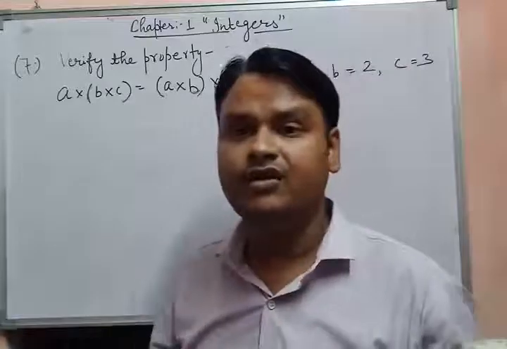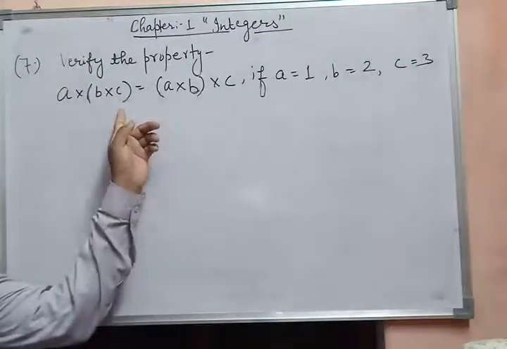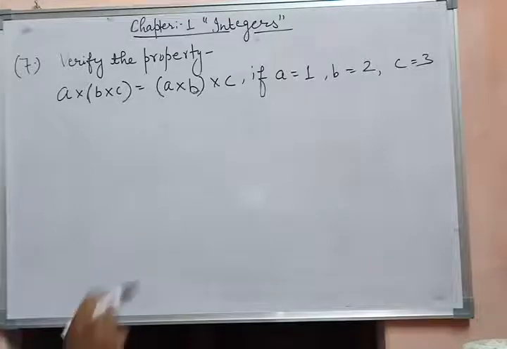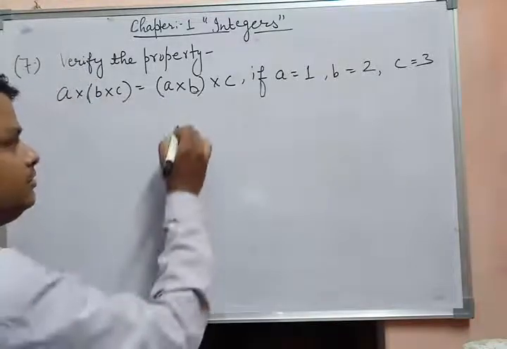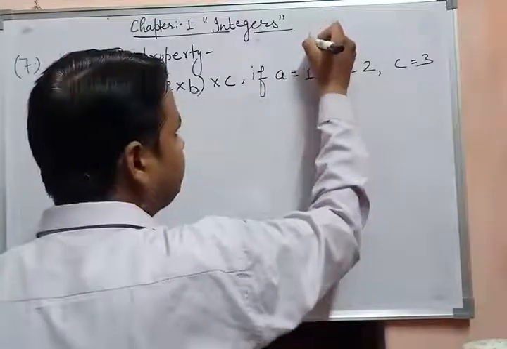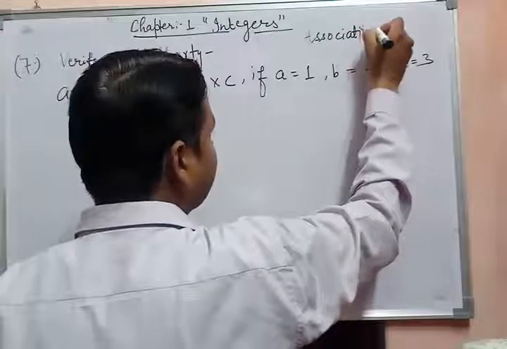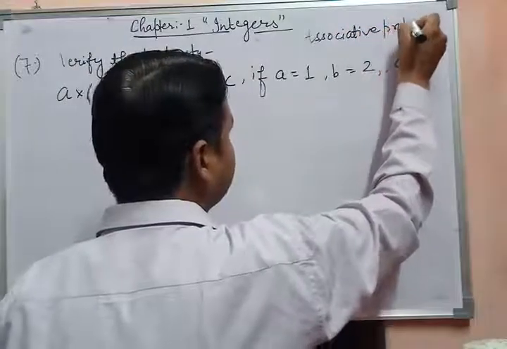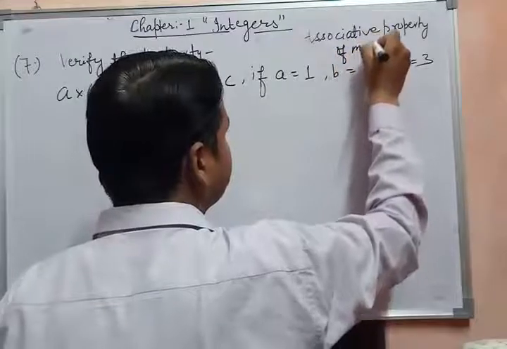So first of all you have to know the name of this property. The name of this property is associative property of multiplication.